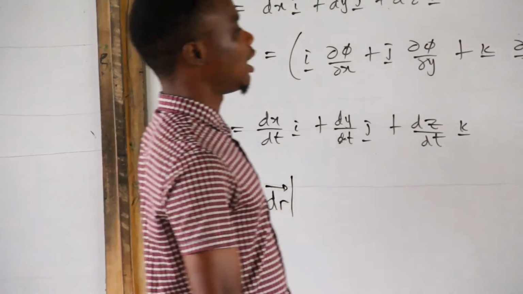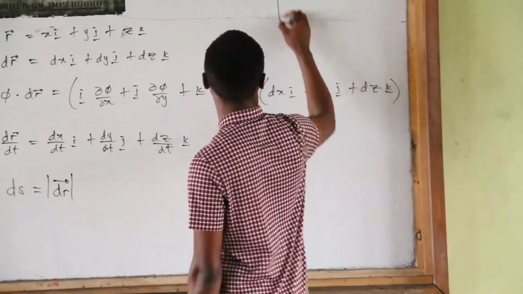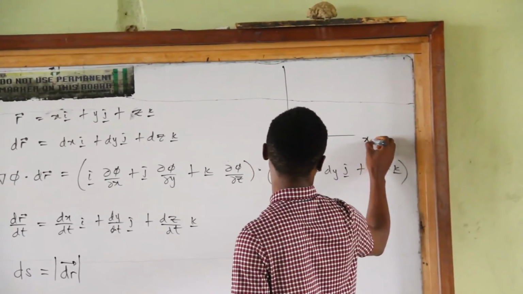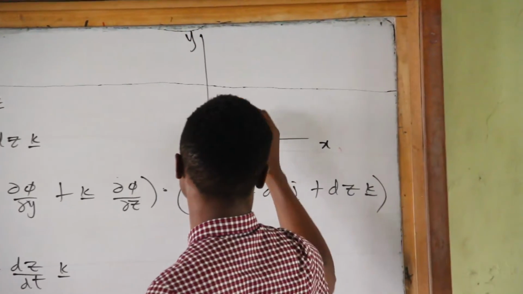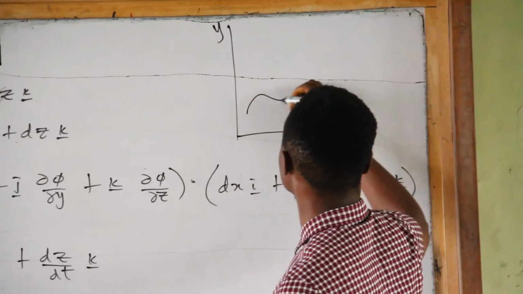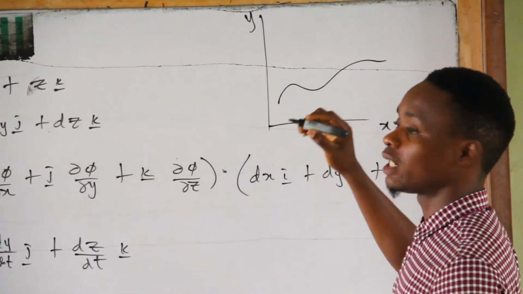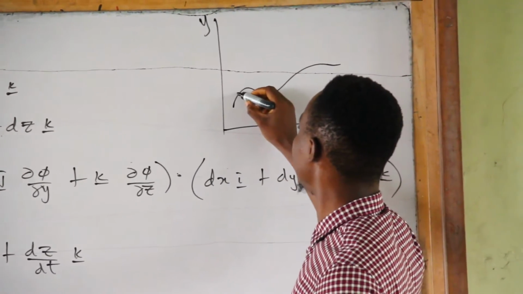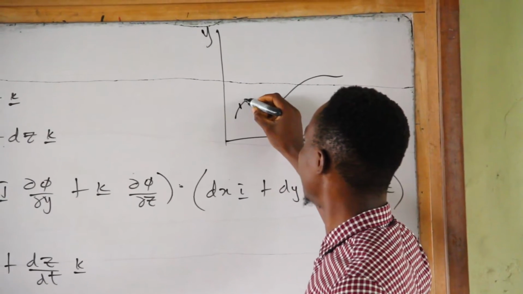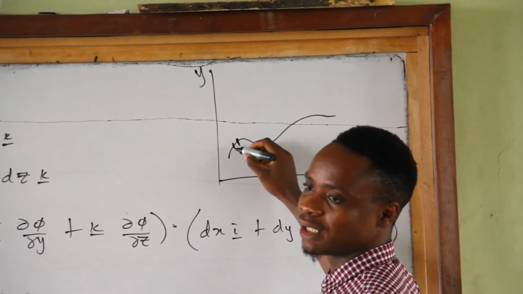It means that, for instance, let's say we have the x, y plane, and then let's say you are going in a certain direction defined by this. Arc length simply means that you just want to pick some differential length along that direction.